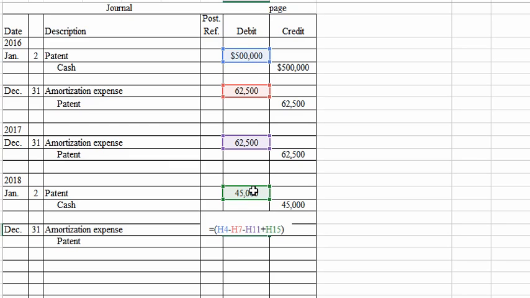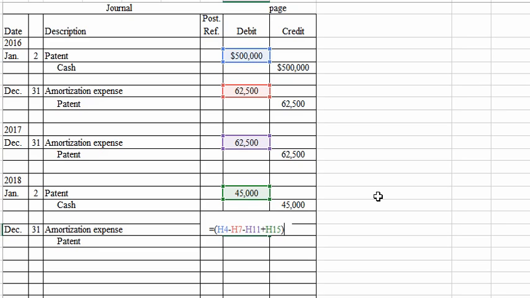That's what we have left to write off or amortize over time at the beginning of 2018.